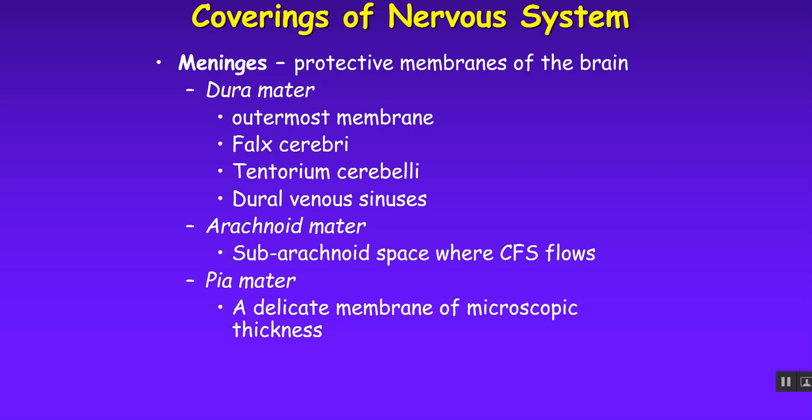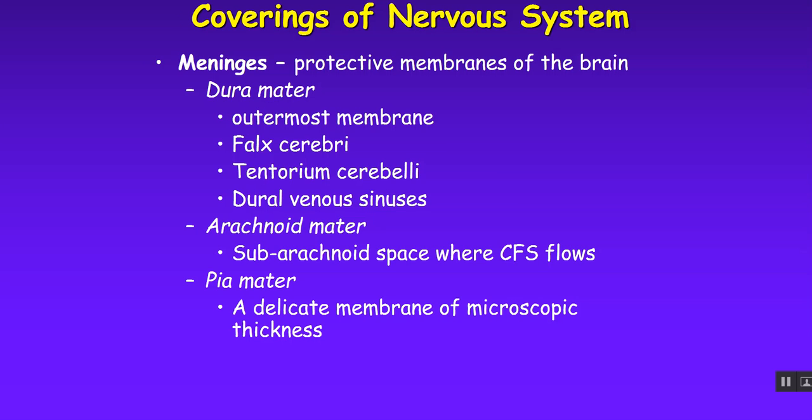So that's the arachnoid, and the subarachnoid space is between the arachnoid and the pia. The pia is a microscopic layer. You can't see the pia on the surface of the brain, cerebellum, or brainstem. The only place you see the pia is where it forms what's called the filum terminale. It comes off the tip of the spinal cord to anchor to the sacrum.